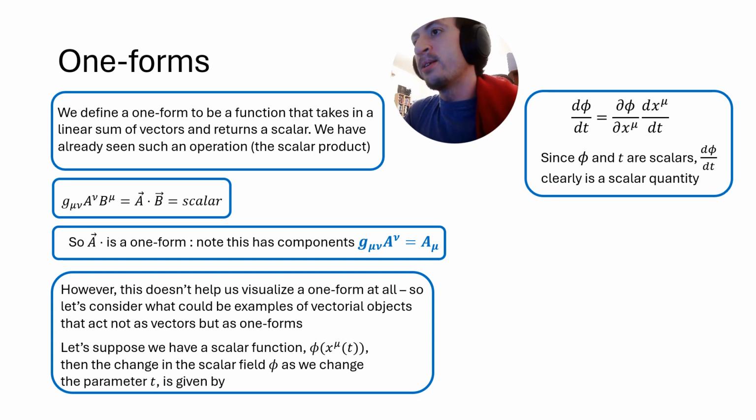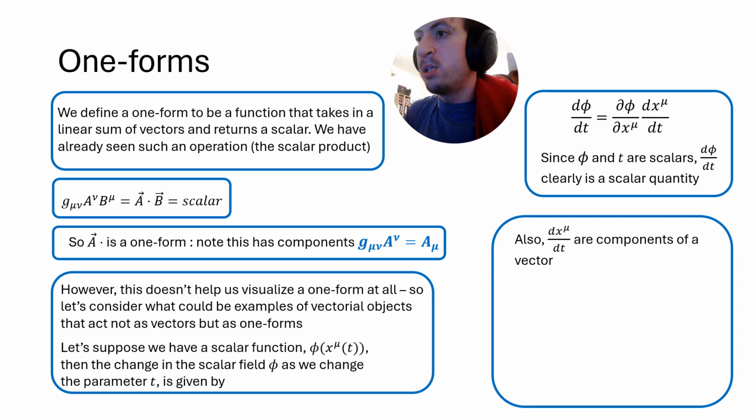So because φ and t are scalars, dφ/dt is going to be a scalar quantity. Now, dx^μ/dt are going to be components of a vector, because we're seeing how quickly a vector changes with respect to a scalar, and that's just going to give me another vector.